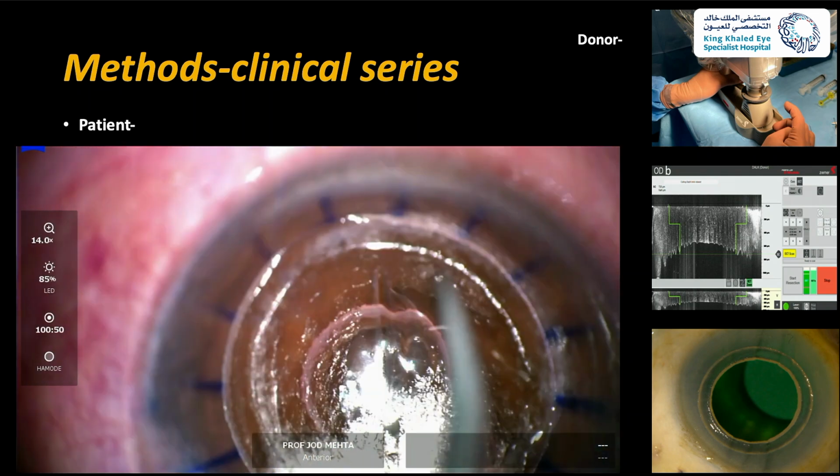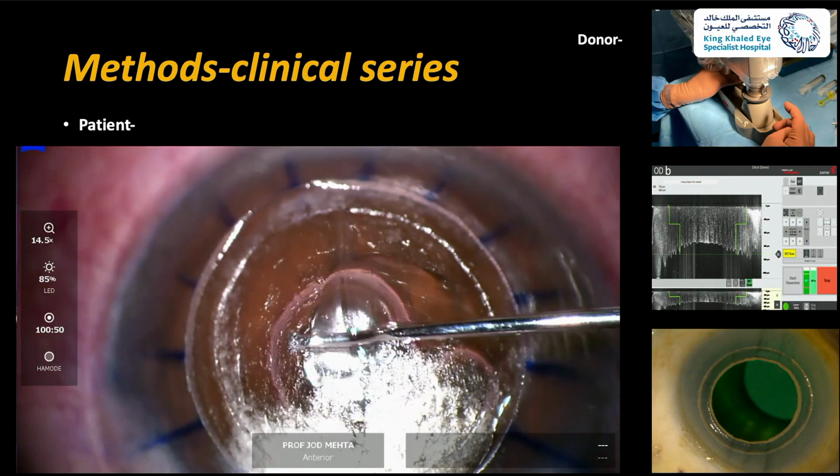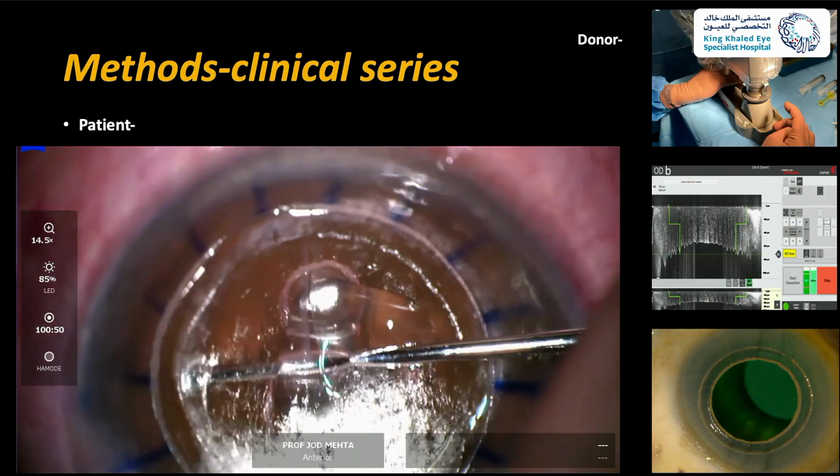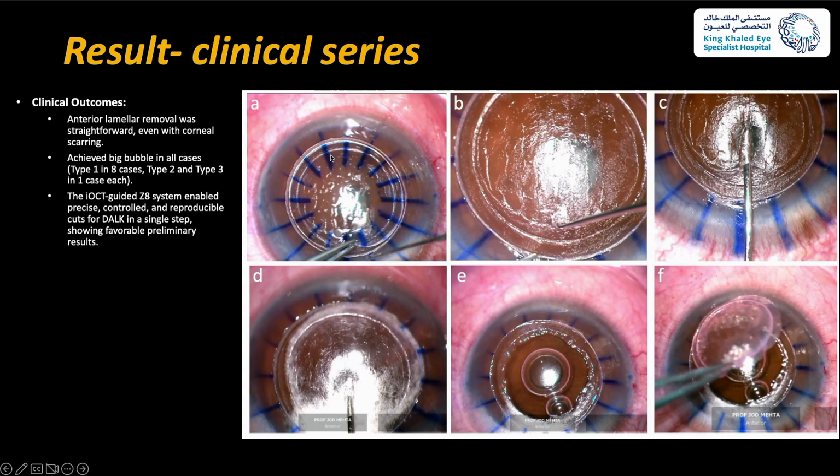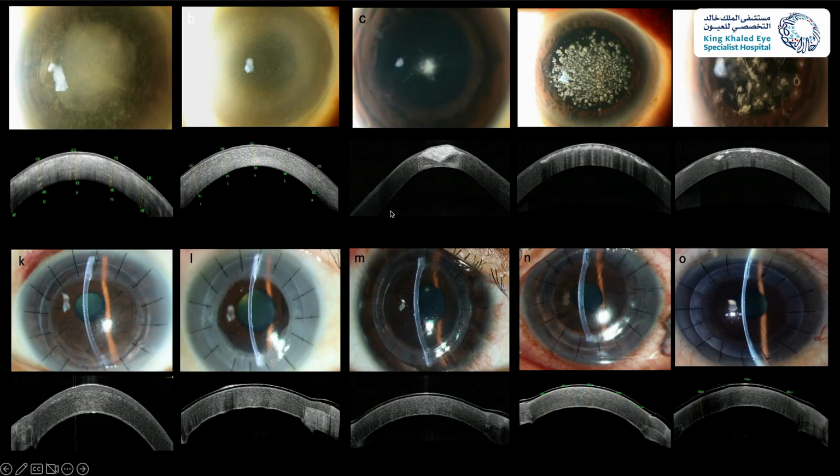The only part left of the difficult procedure is the stromectomy. As for the clinical outcome, we managed to remove all the caps from all the patients, including in all scar cases. And here is the post-operative outcome of all cases.